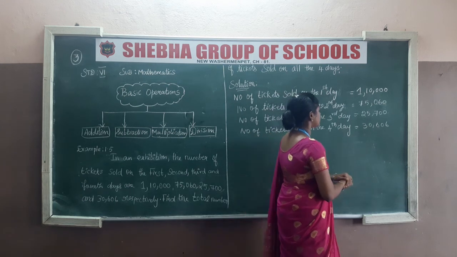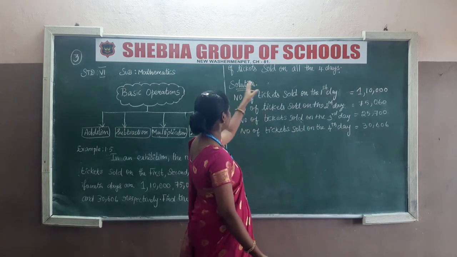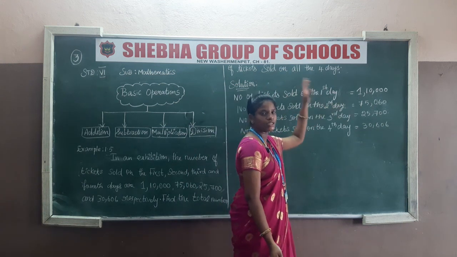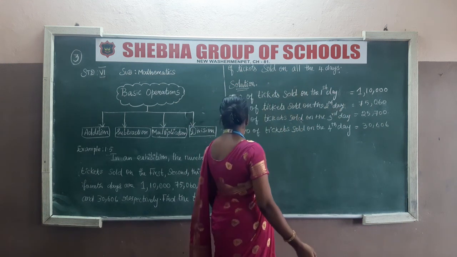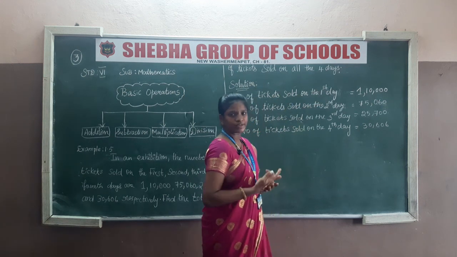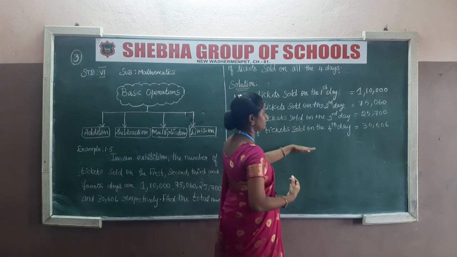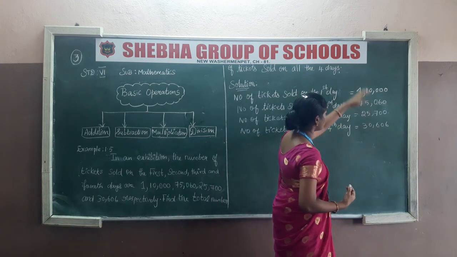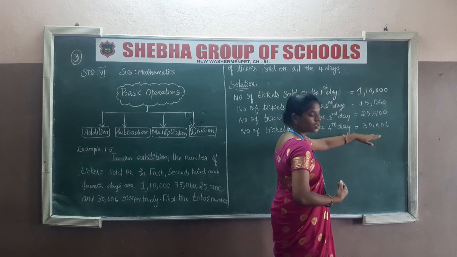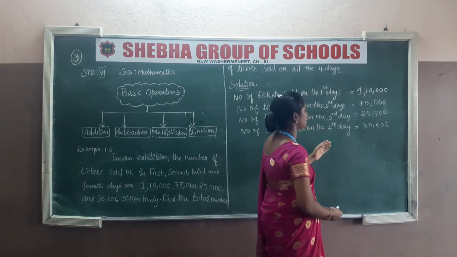Tickets are sold. First we have to find the total number of tickets sold on all the 4 days. So we have to add all the numbers. This is new for you, these are large numbers. We can use them in daily life, but we have to add these 4 numbers.